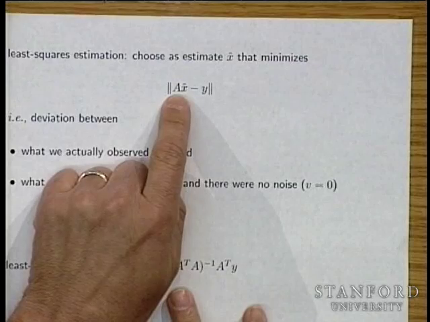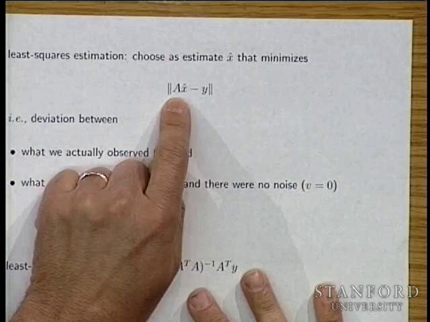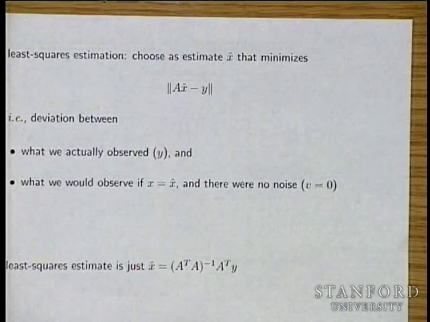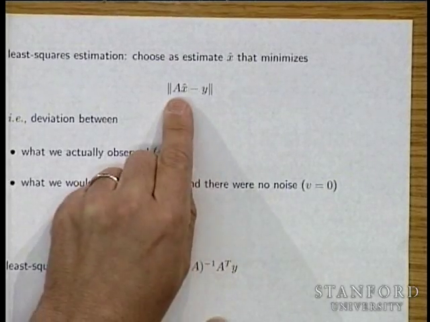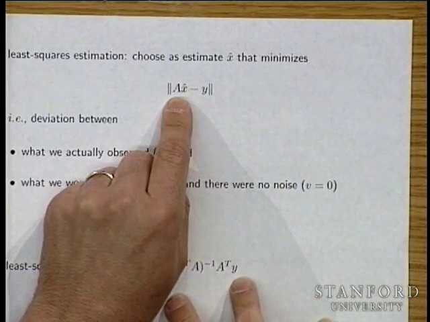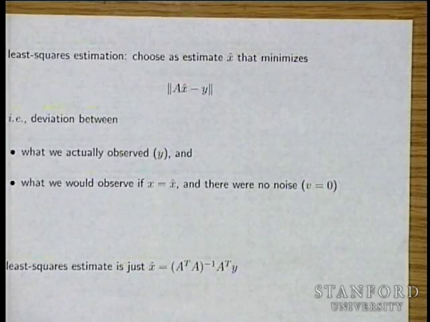It is what you would observe if x were really x hat and there was no noise. y is what you really observed. So you're basically getting the best match between what you would observe if the input were x hat, and what you did observe. So you minimize the mismatch between what you actually observed and what you predicted you'd observe.